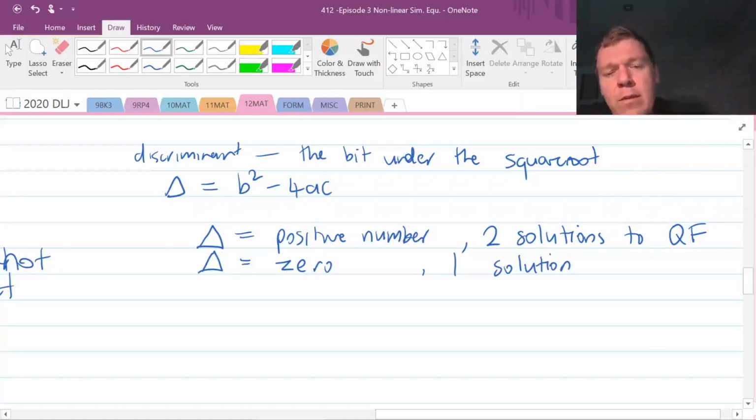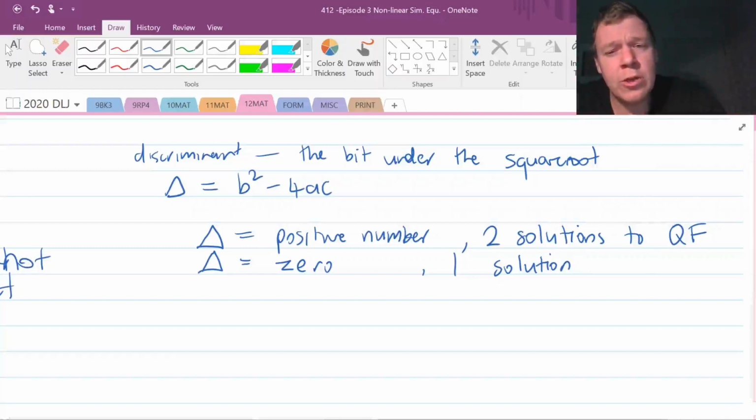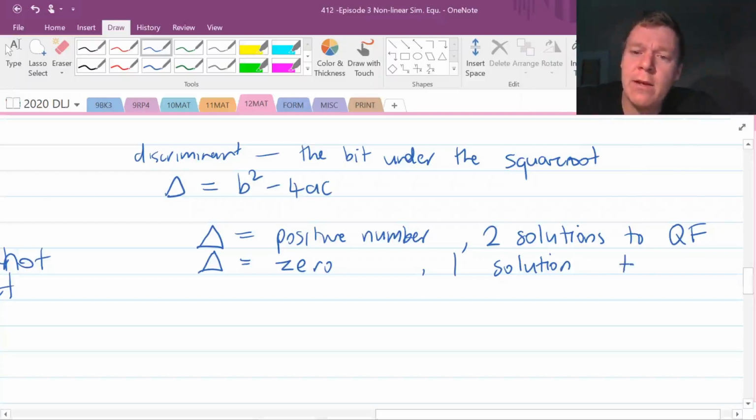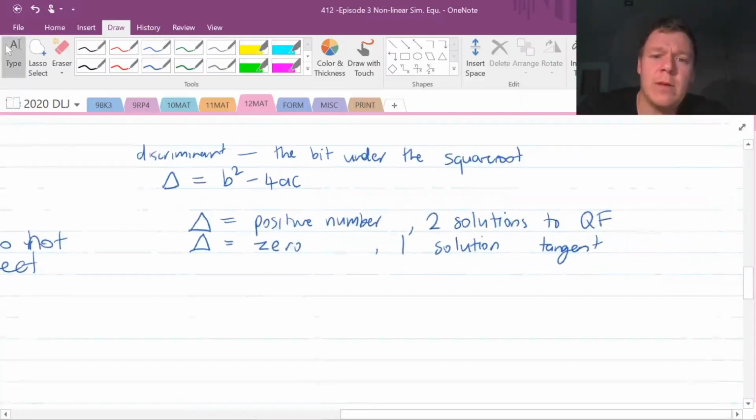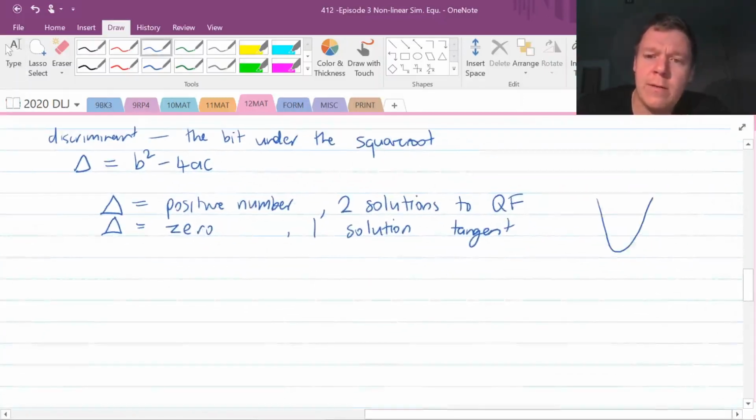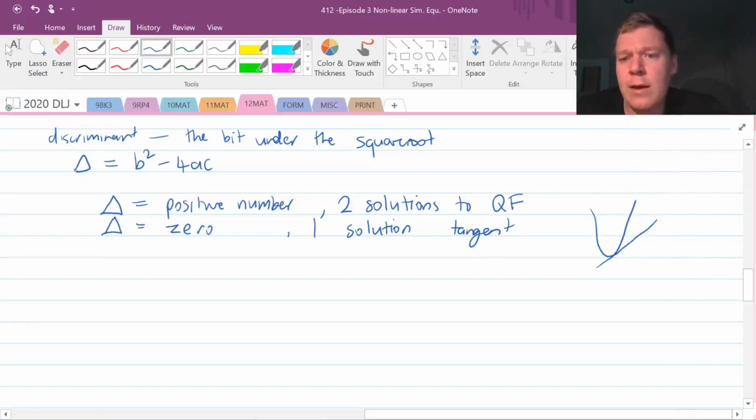So the excellence questions for this and for one of the internals require you to generally find a tangent. A tangent is when there's a line that's just touching a parabola in one place, right? So there's a parabola and there's a line and it just touches in one place.